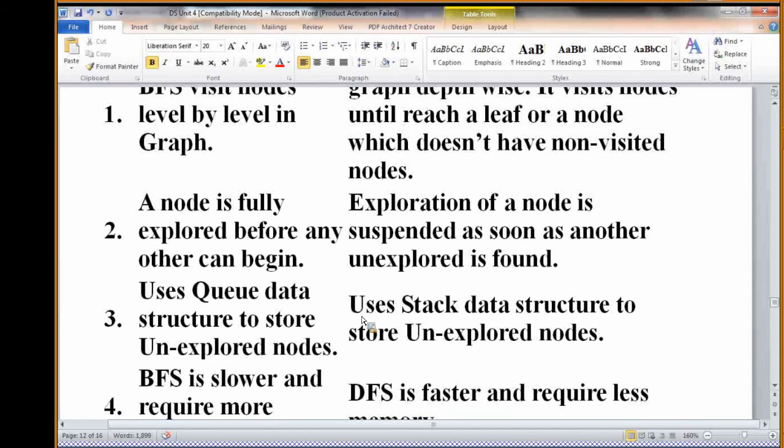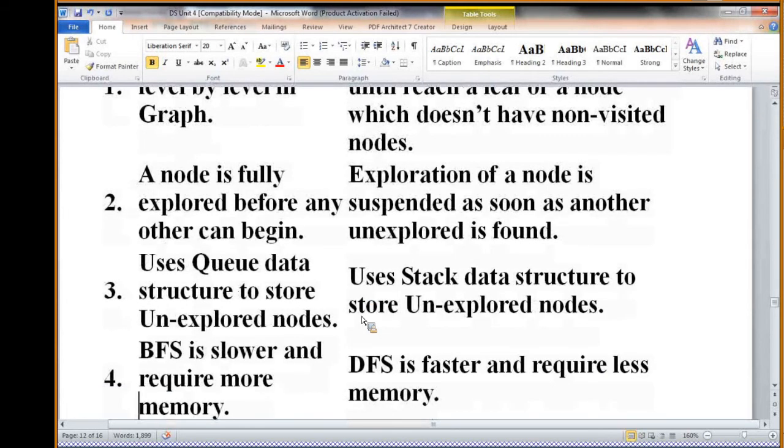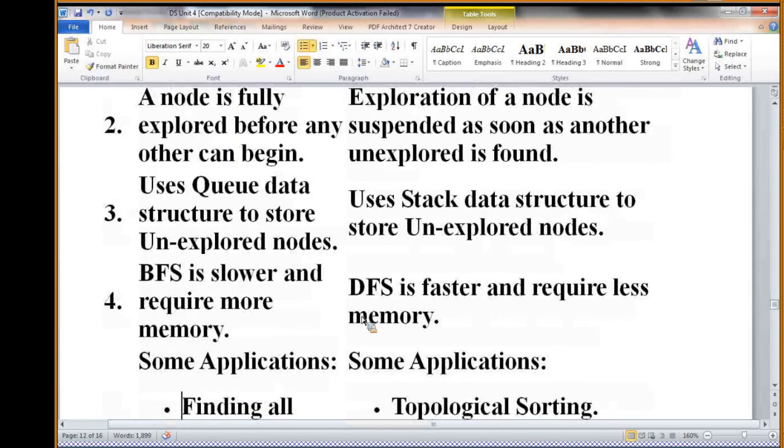How it will begin, and how you will store the unexplored nodes, and whether it requires more memory space or less memory space, whether it is slower or faster. Based on the situation, the algorithm will take either BFS or DFS.